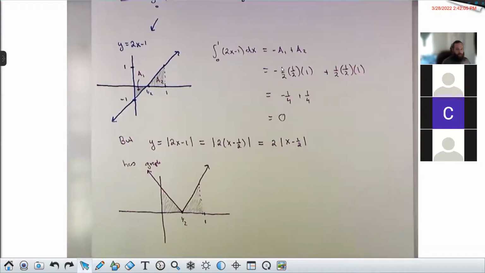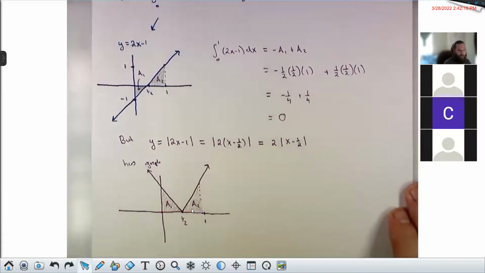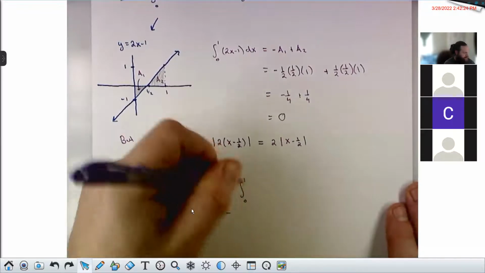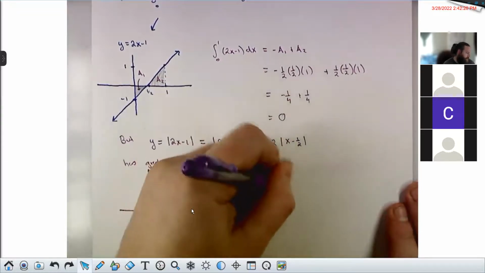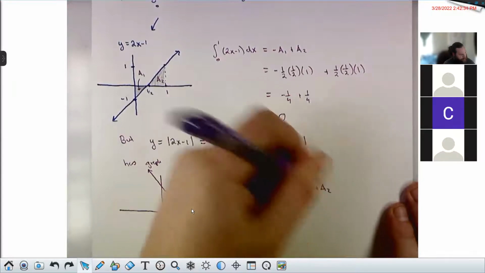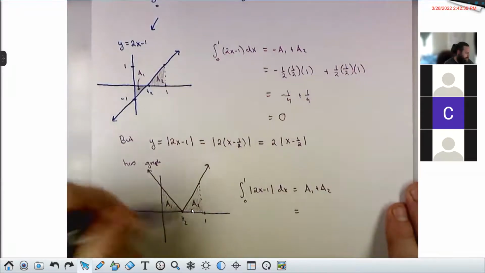And there is some symmetry we can exploit here if we wanted to. This area is definitely the same as this area. But I'll just follow the same sort of convention. So the integral from 0 to 1 of the absolute value of 2x minus 1 dx would be A1 plus A2. Each of those is a triangle, base 1/2, height 1.